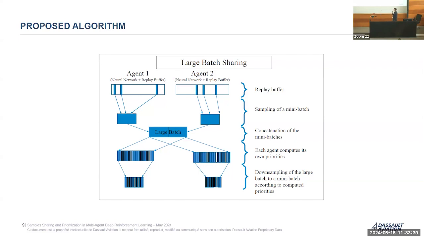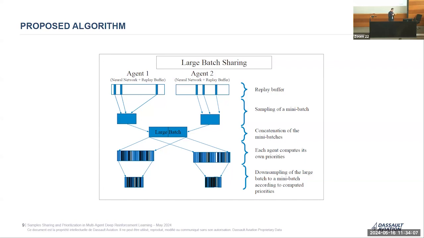Each agent receives the large batch and computes on it interesting quantities to downsample the large batch to a mini batch and to perform stochastic gradient descent on it. So the question is, obviously, how do we downsample the large batch to the mini batch.